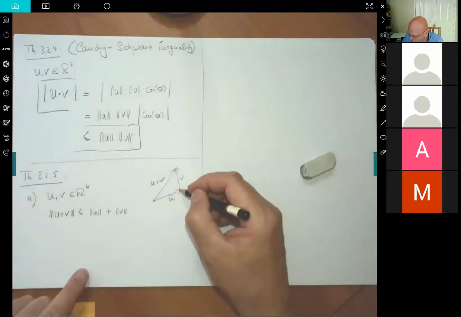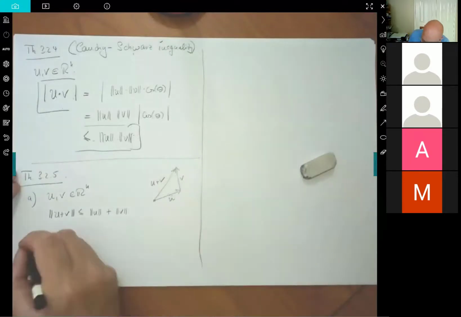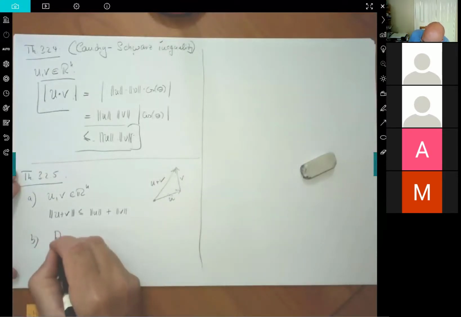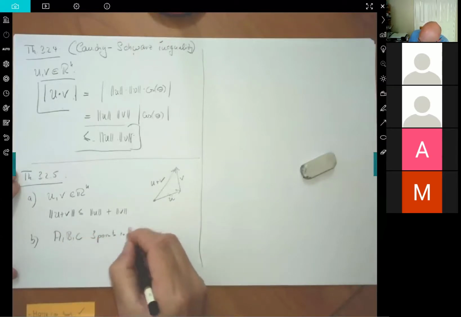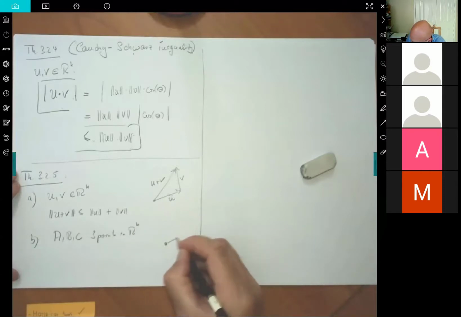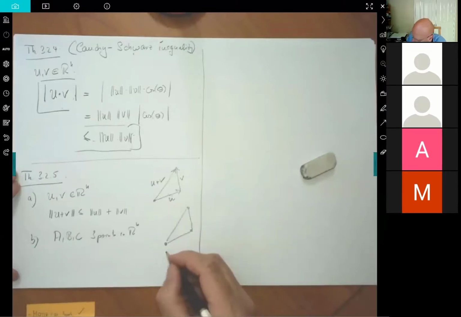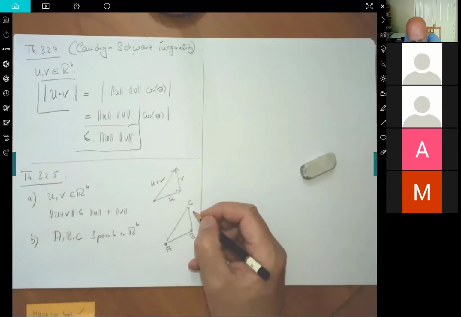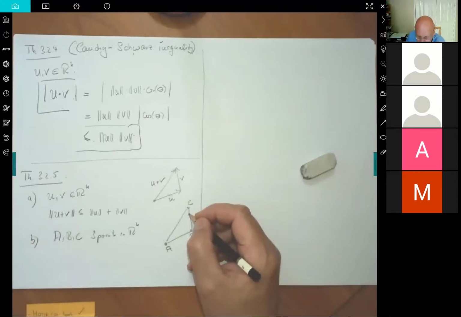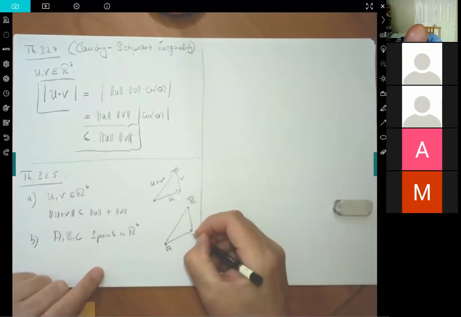Now you can use the same pictures, and instead of just looking at the vectors, you make every endpoint a point. And every endpoint you give a name. So part B, if you have A, B, C, 3 points in Rn. So I make the same picture again. But instead of giving names to the vectors, I call these points A, B, and C. Maybe I should better call it the other way, so it's easier to understand.